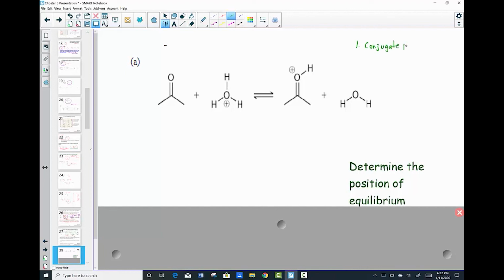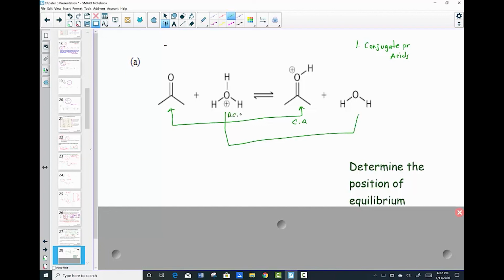One will be on the left, one will be on the right. Between this ketone and this protonated ketone, those are called conjugate pairs. The one with more hydrogen will act as the acid. Between hydronium and water, hydronium has more protons, and therefore it acts as the acid.